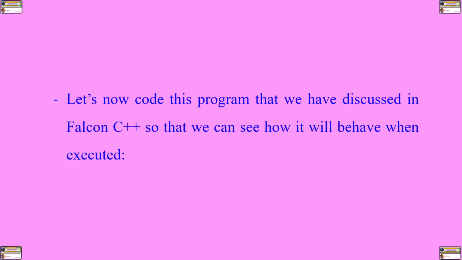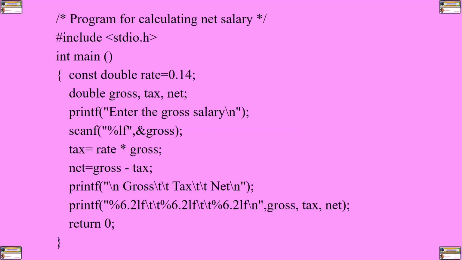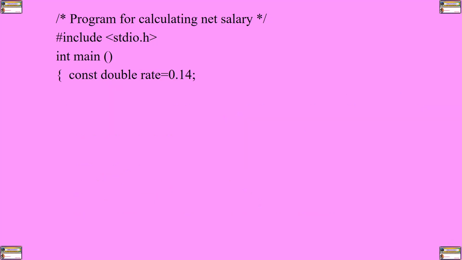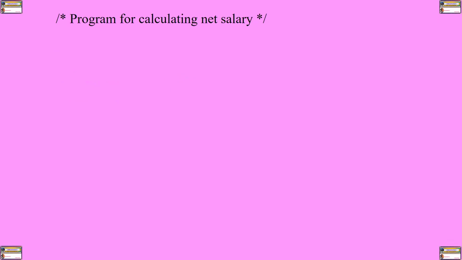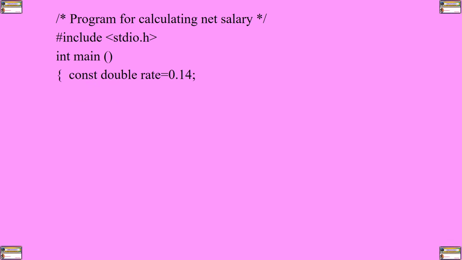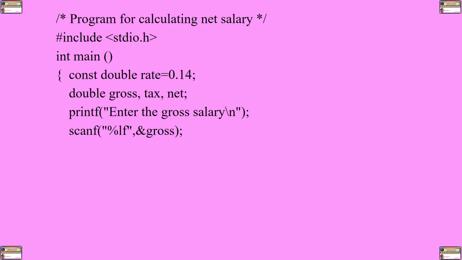So let's go to this program that we are going to discuss in Falcon so that we can see whether this program will behave as I have explained. Note that this program indicates the following. 1, the comment. 2, the preprocessor directive. 3, the main part of the program. Then declaration of a constant. Then declaration of variables, memory locations. Then we have output statement, we have input statement.